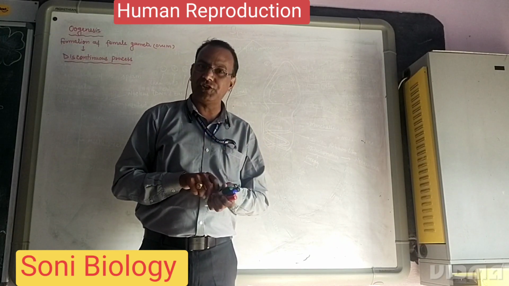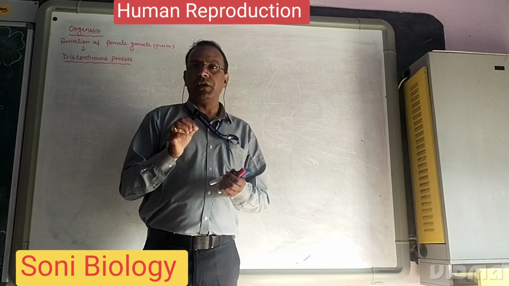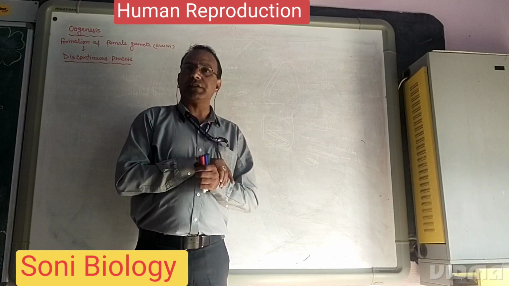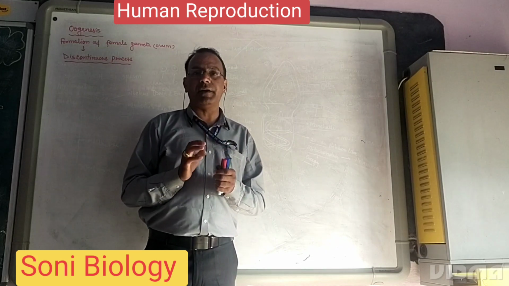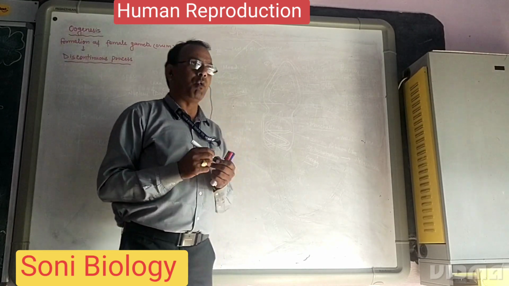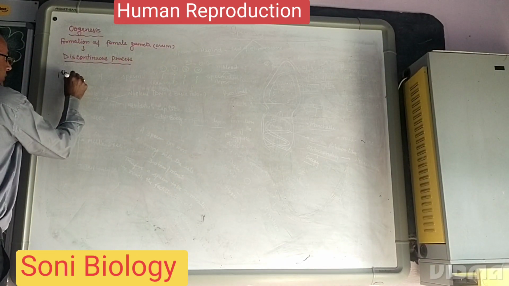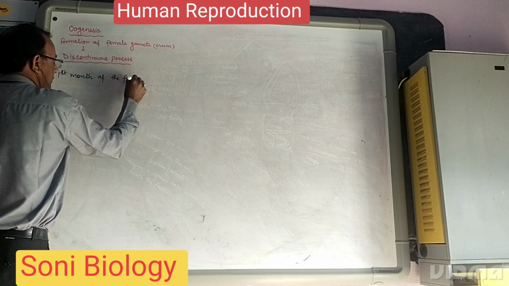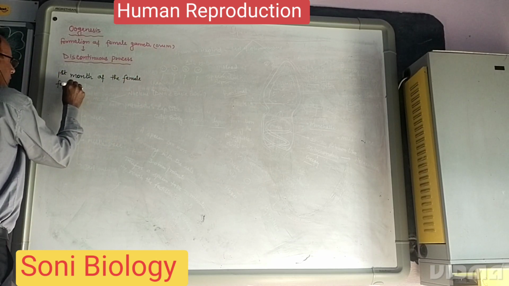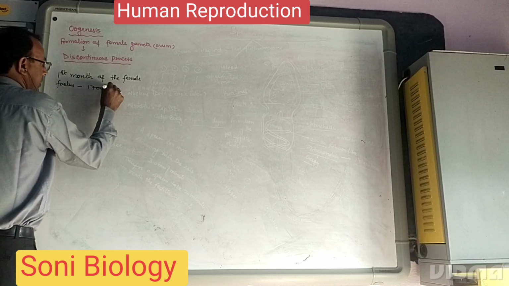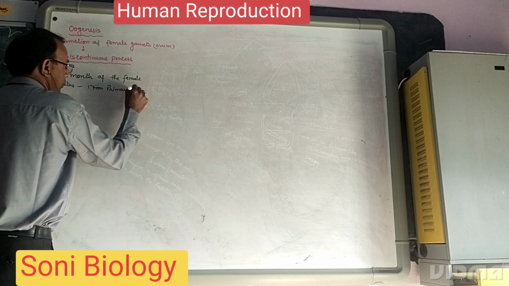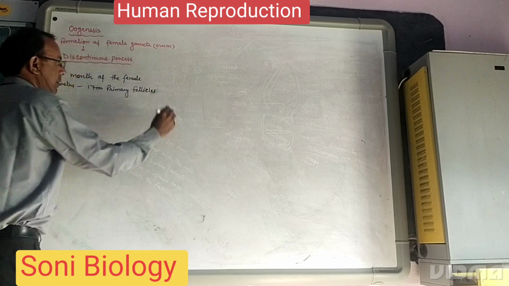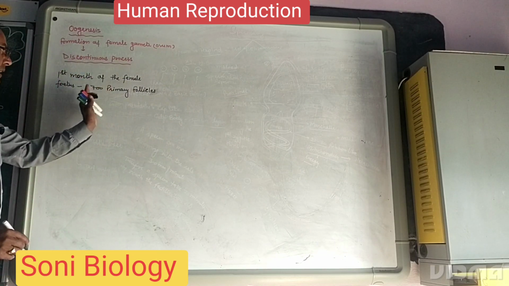When the female fetus remains inside the body of the mother, at the end of the first month, 1700 primary follicles are produced in the female ovary.